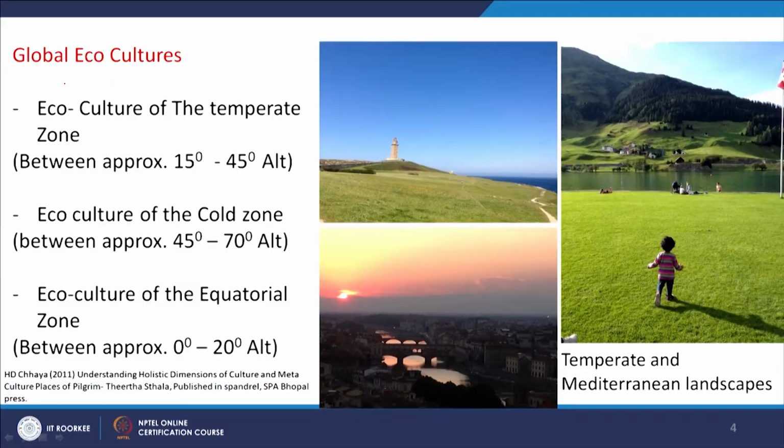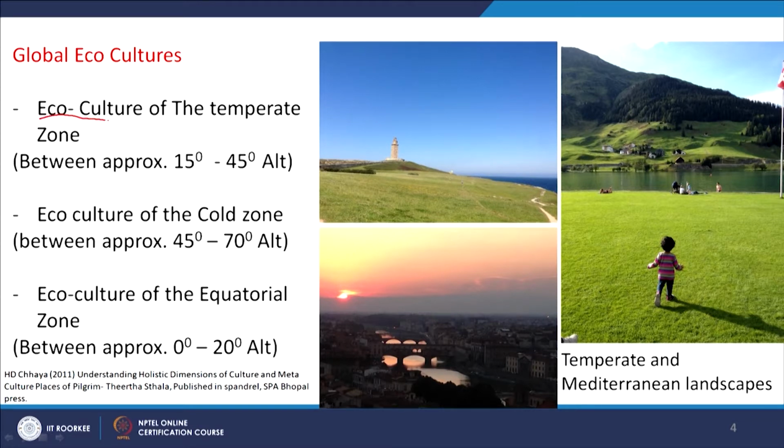And taking this as a base, Professor H.D. Chaya, in the journal Spandrel with the theme referred to as the Sacred, classifies how we can understand the holistic dimensions of culture and metaculture, places of pilgrimage.